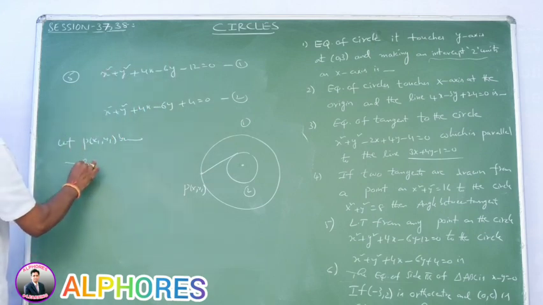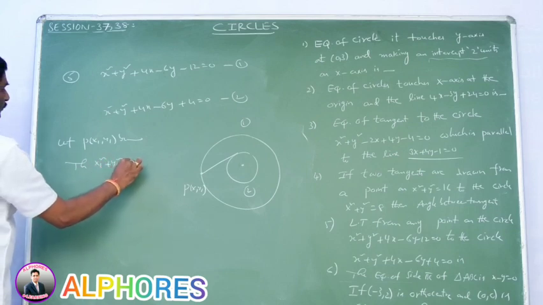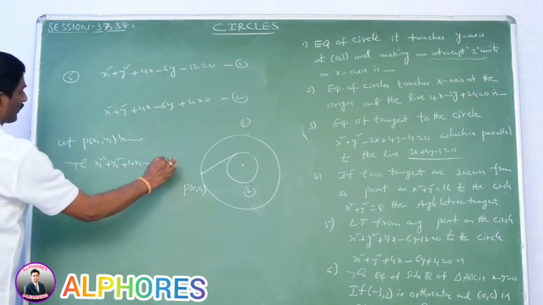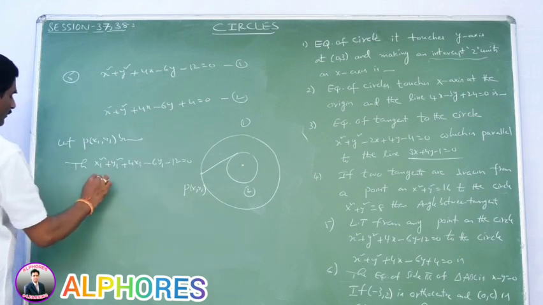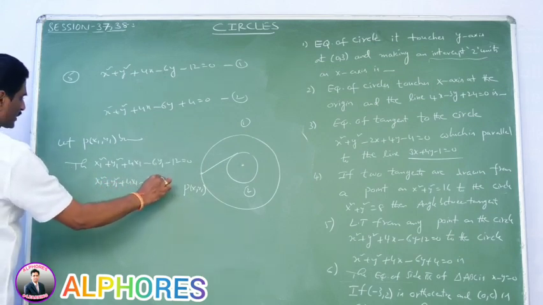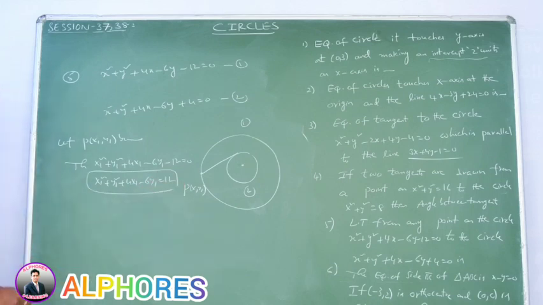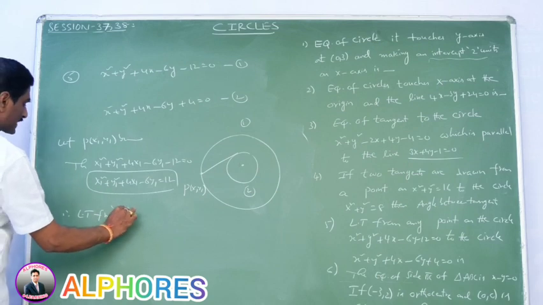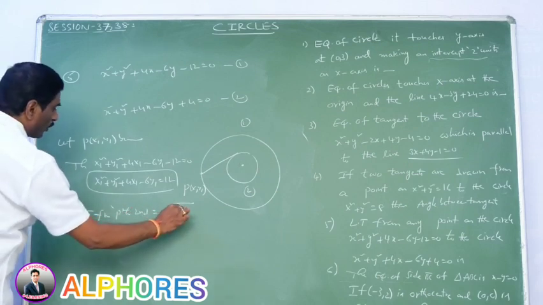Then substitute this point in this equation. x1 square plus y1 square plus 4x1 minus 6y1 minus 12 is equal to 0. That means x1 square plus y1 square plus 4x1 minus 6y1 is equal to 12. Okay. Next, length of the tangent from P to second circle is equal to root s11.